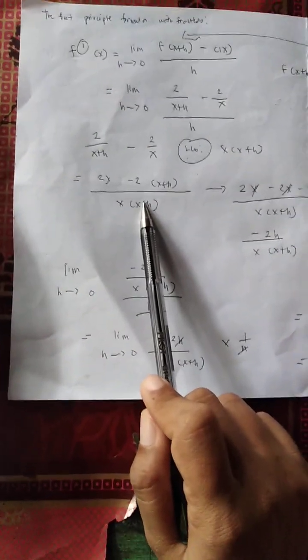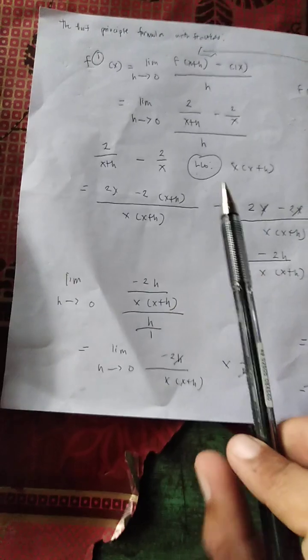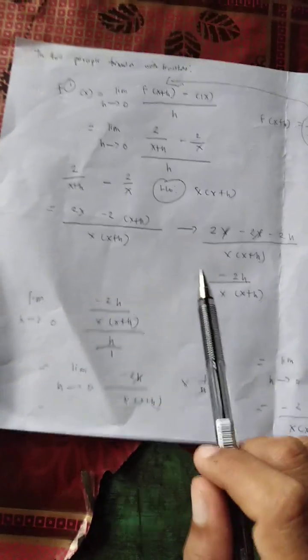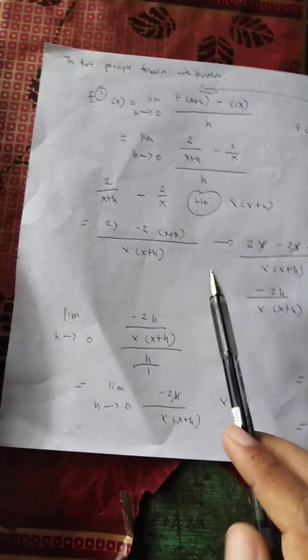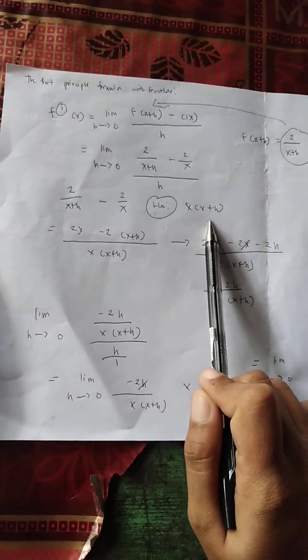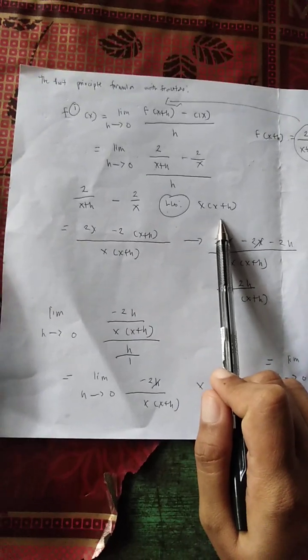So this 2 will be multiplied with x, and this 2 will be multiplied with x plus h, and then you can write them over the common denominator. If that's a little confusing, that's simply because this is more of a grade-level topic, and I know some of you in college struggle with those topics.